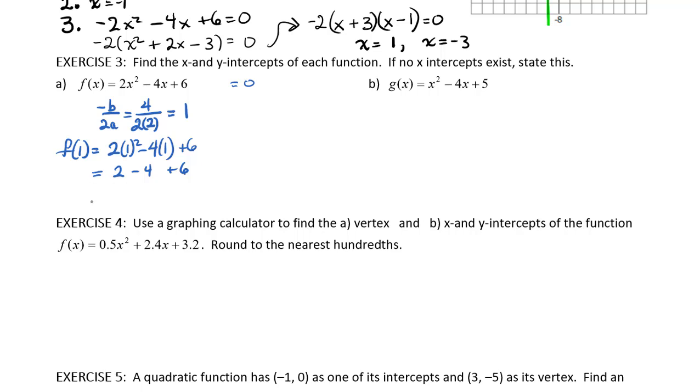This gives me an output of 4. So my vertex is at 1, 4, and looking at the quadratic function, we know that it's opening upwards. That means the vertex is at a minimum, and there is no real solution to this quadratic. So if no x-intercept exists, state this.